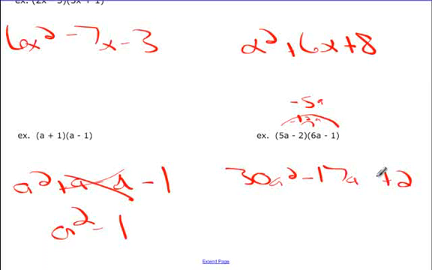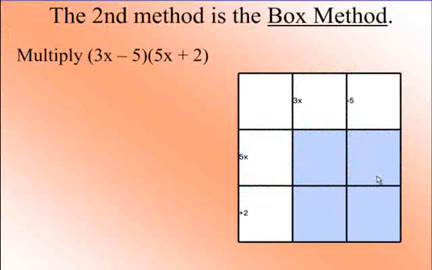Okay, the second method, I haven't had anybody that really likes this, but sometimes it helps keep some things all straightened out in your brain for you. So box method, so what you see is 3x minus 5, so that's our first binomial, and then our second binomial. So just humor me the first time and then we'll go through and you can use any method after that.